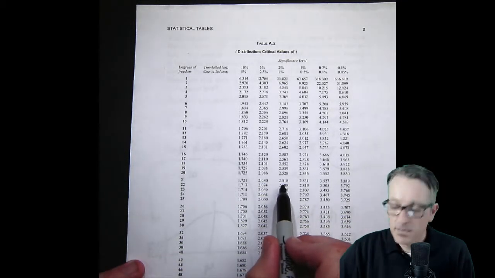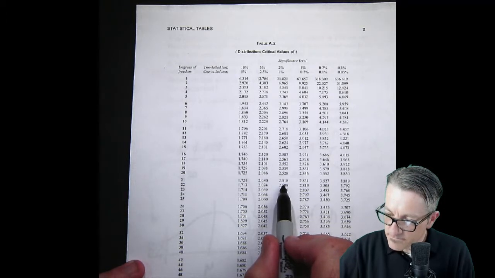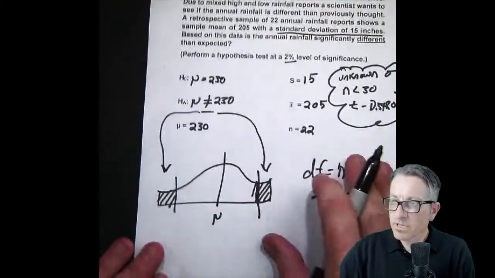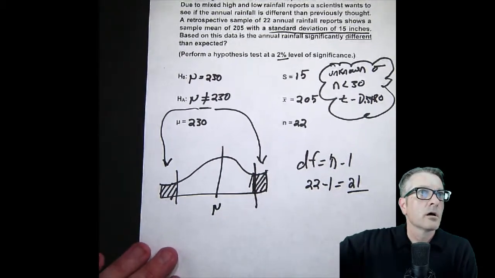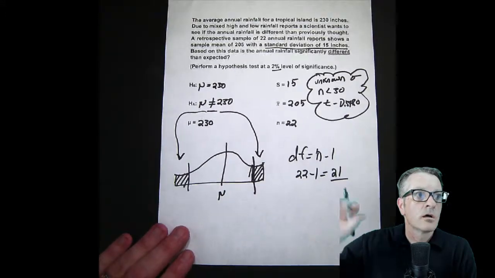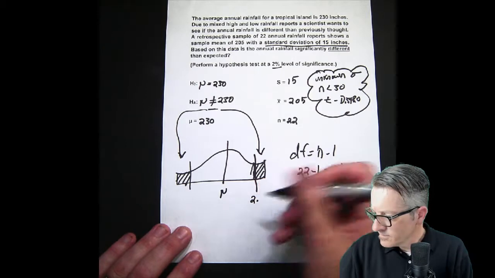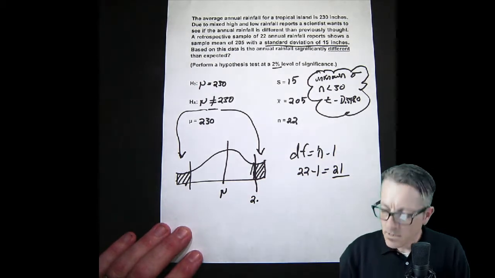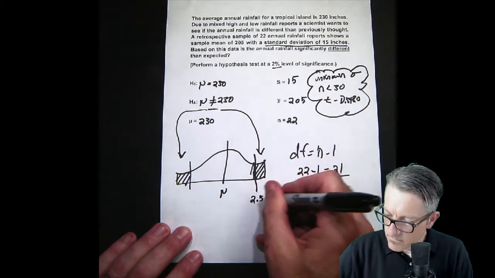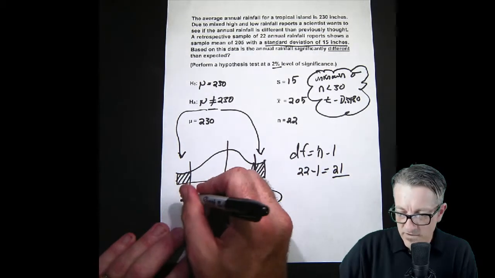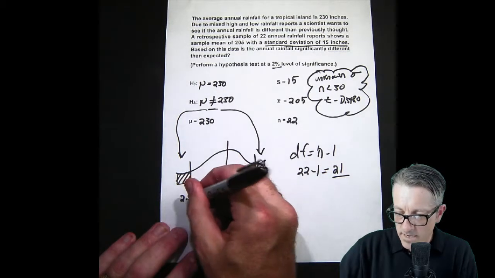Okay, 21, and then 2% two-tail, 2.518, for both ends.